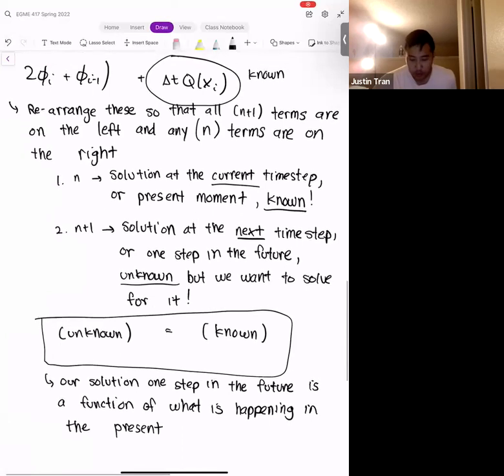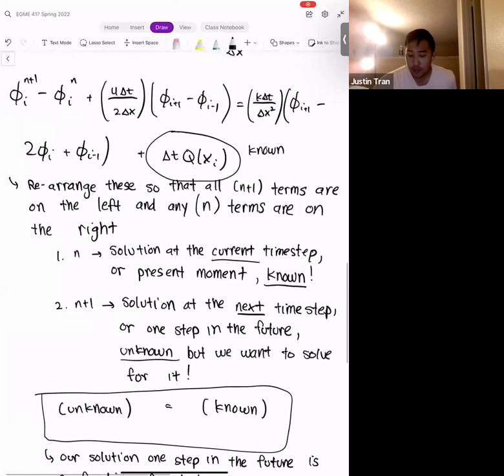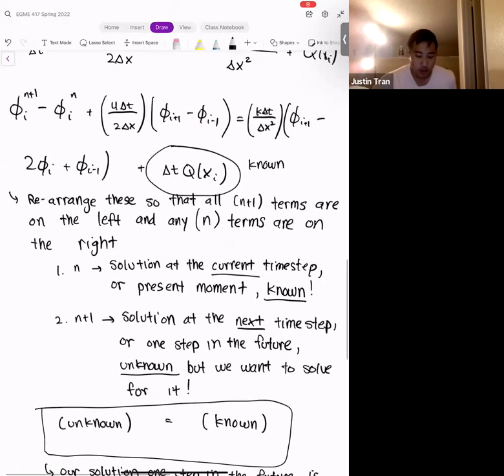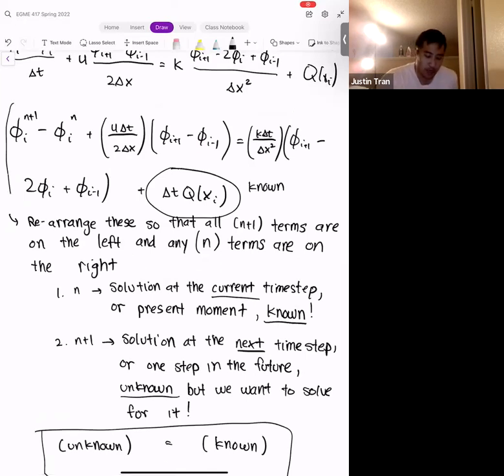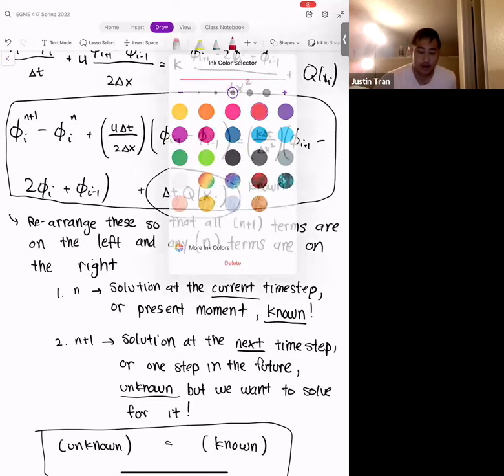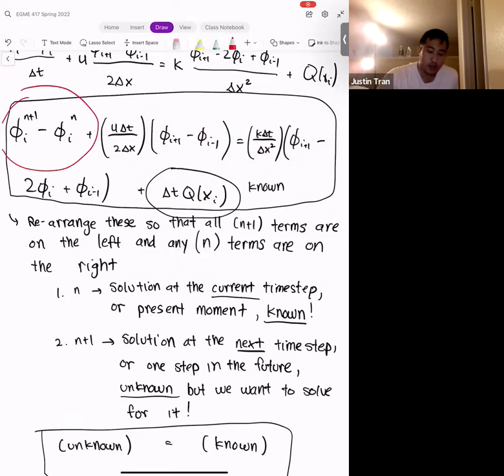What we say is that our solution at the next time step is a function of the known one. But we only have a few terms here that have our time index. If we look at our equation right here, the only terms that have the time index n are these ones right here.